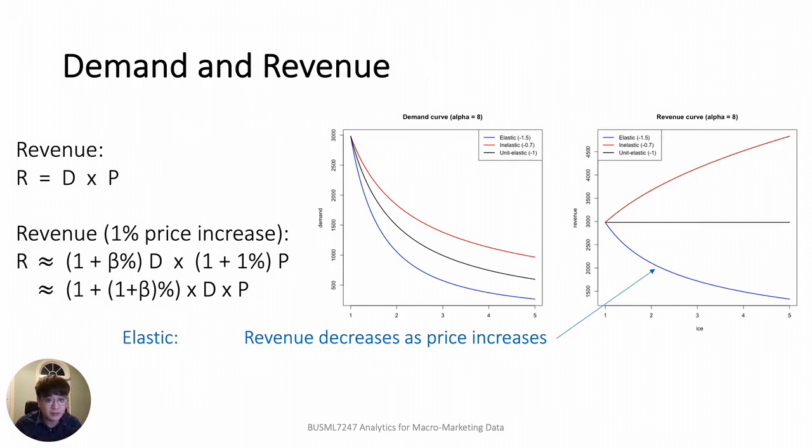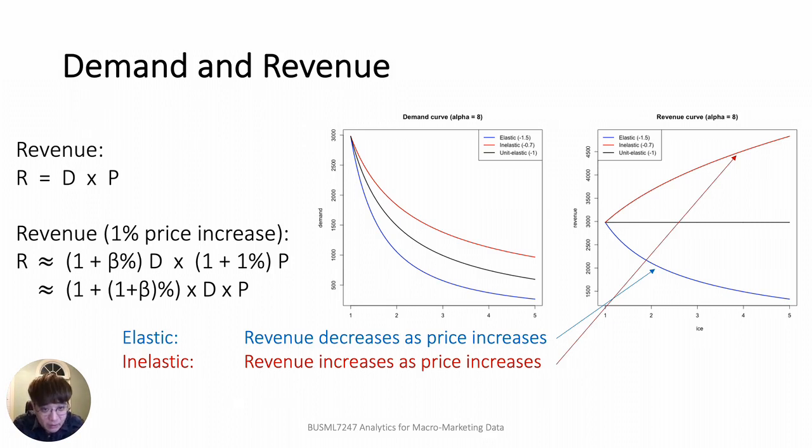This means increasing price always leads to decreasing revenue. Intuitively speaking, if demand is elastic, people are sensitive to price. So the loss in demand is larger than the gain from the price increase, leading to decreasing revenue curves.